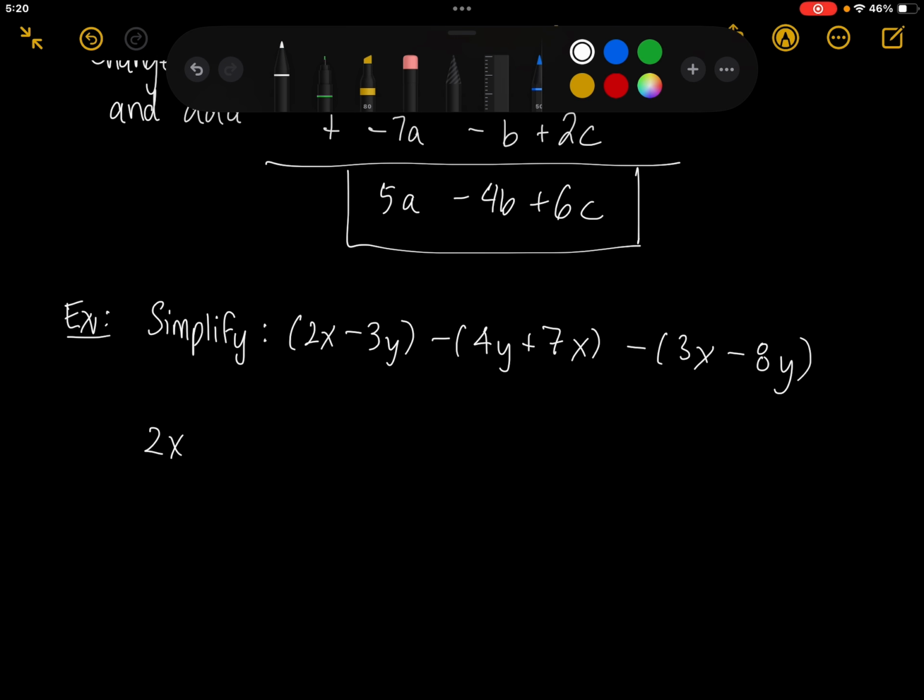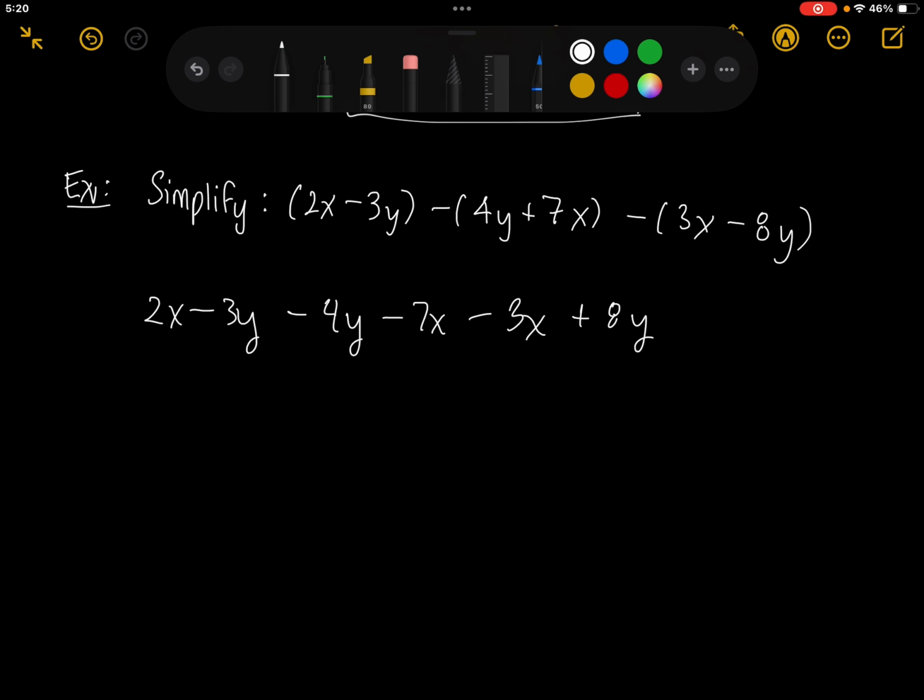So it's 2x minus 3y, and then minus 4y, minus parentheses 4y plus 7x. That's the same as subtracting 4y and then subtracting 7x. And then I have a minus parentheses 3x minus 8y. That's the same as subtracting 3x, so minus 3x, and then I have a minus negative 8y, that's plus 8y.